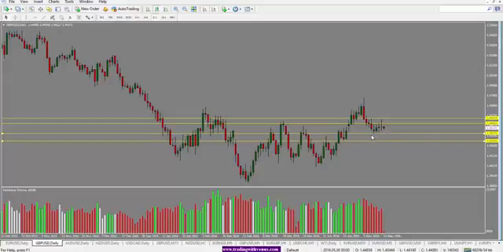However, if the price does break below this 1.4380 level and it's holding below this level, we'd be looking for the next target, this important support and resistance level here at 1.4300 will come into play. That's where we'll be targeting if the price does break down.